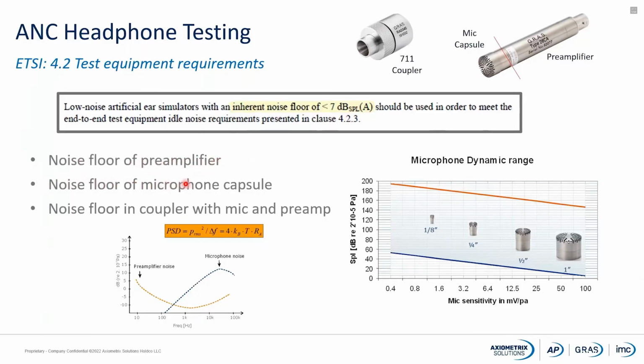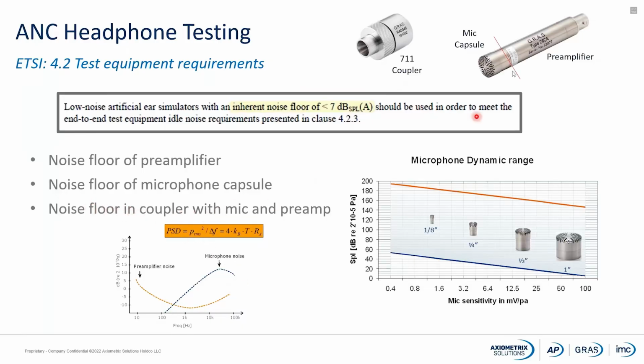We can have the noise floor of the microphone capsule alone, but microphone capsules are never used without a preamplifier. So we need to consider the combination of the noise floor of both the microphone capsule and the preamplifier. The total noise for this combination is always a little bit of noise from the microphone capsule itself, and then a little contribution as well in low frequencies from the preamplifier noise, and that will give us the total noise.